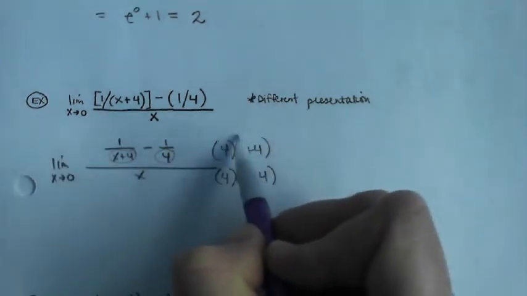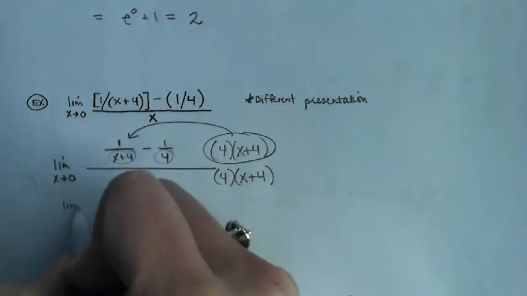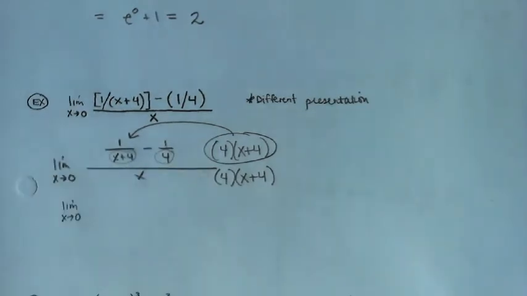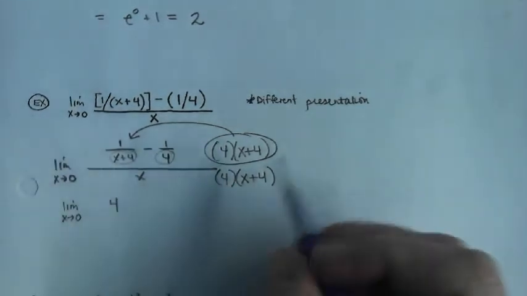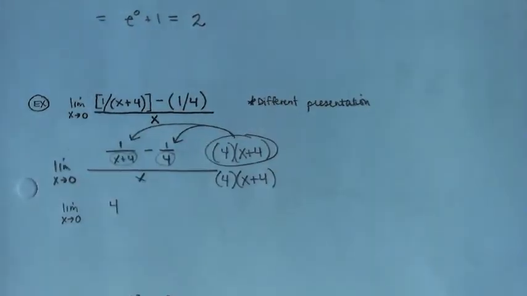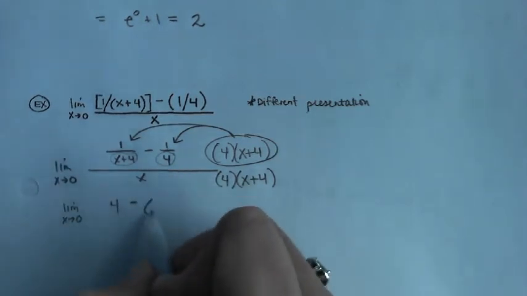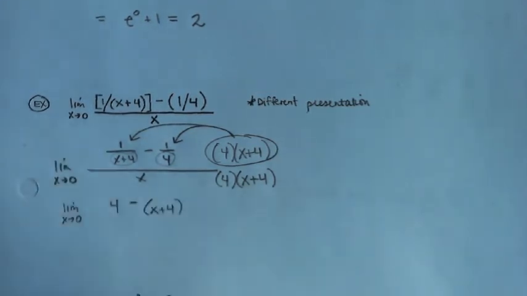So when we do that up top and distribute this to the first term, the x plus 4's cancel and we just have 4. When I distribute to the second term, my 4's cancel and I just have minus, most importantly, a binomial that needs to be kept in parentheses so that we don't forget to distribute that minus sign.